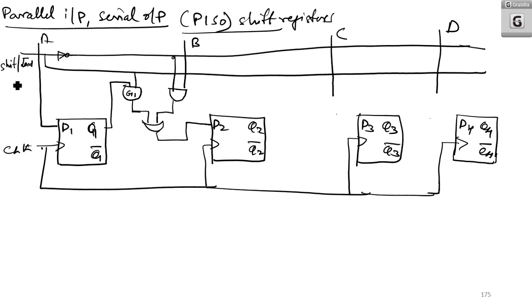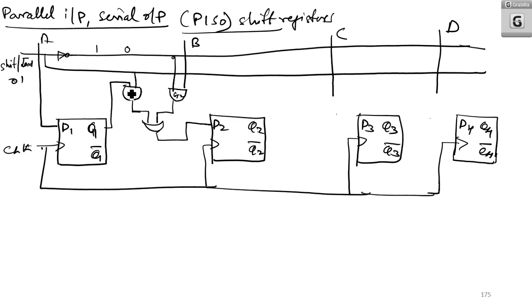Now see here what happens. When shift is equal to 0, this is 1. So B dot 1 comes in, whereas the output of gate 1 will be equal to 0. Whereas if we need to shift, if I make shift as 1, here you will get 0. That means B will not go in. Only Q1 dot 1 will be going in. Hope you have got the point.